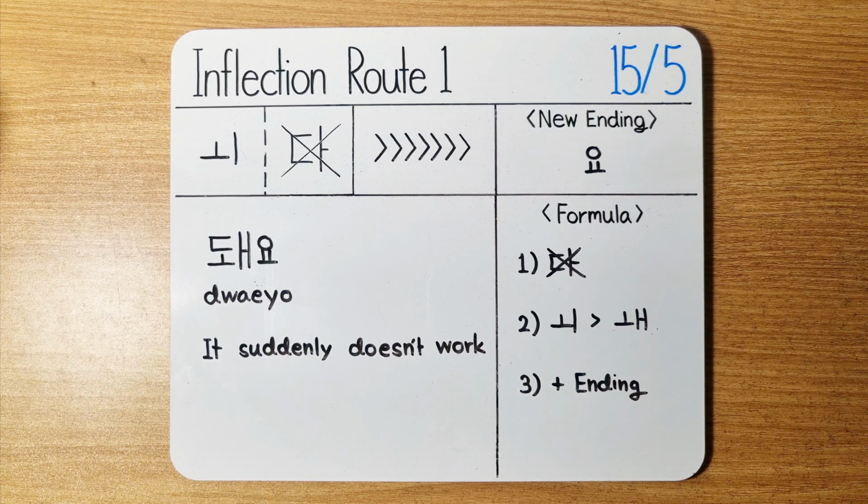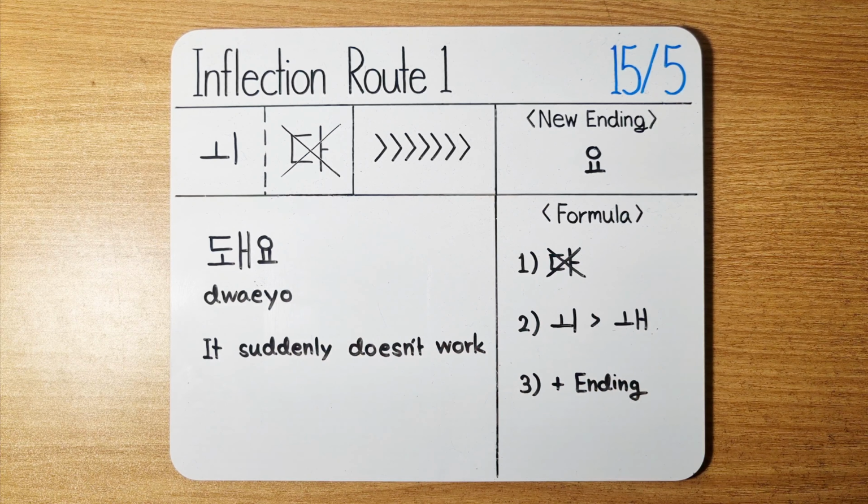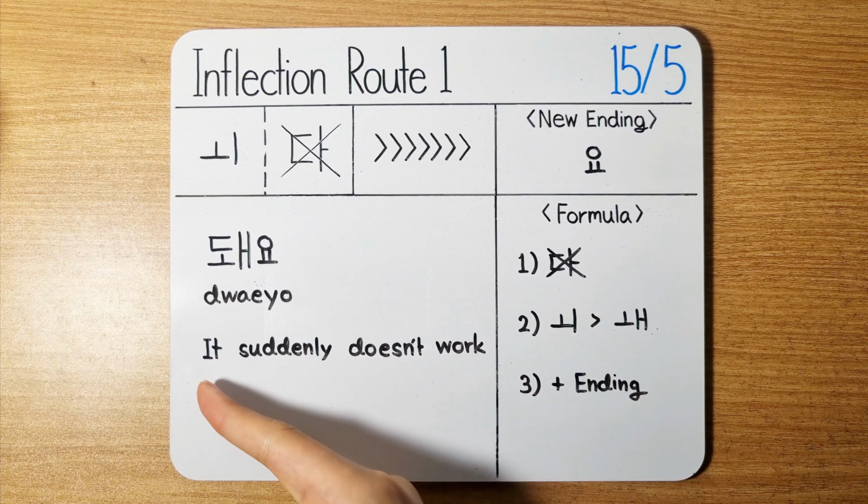Now in that case, it, which is of course my phone, is too obvious according to the context. Of course I'm talking about my phone, because my friend asked, what's wrong with your phone? So it will not stay. Which leaves us with the adverb suddenly and the verb doesn't work.